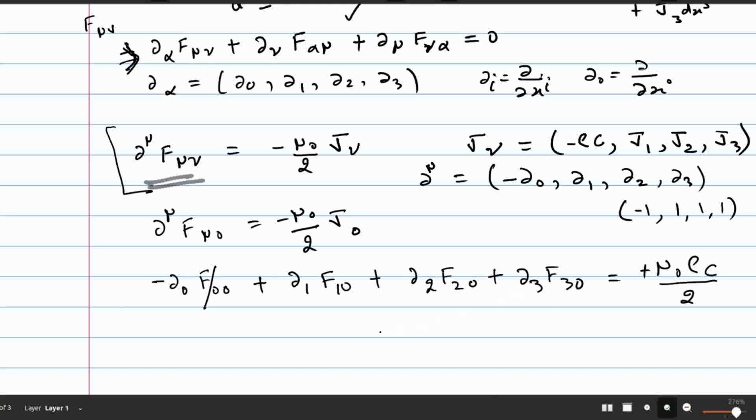F10, 20 and 30 are 1 by c times E. F10 is E1 by c, F20 is E2 and F30 is E3, so we get divergence of E equals mu 0 rho c by 2.